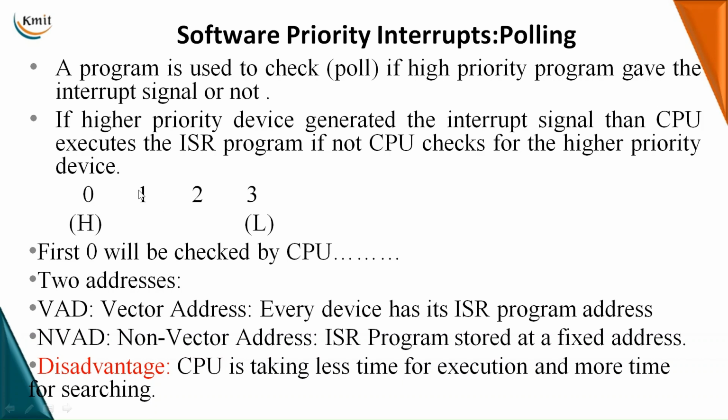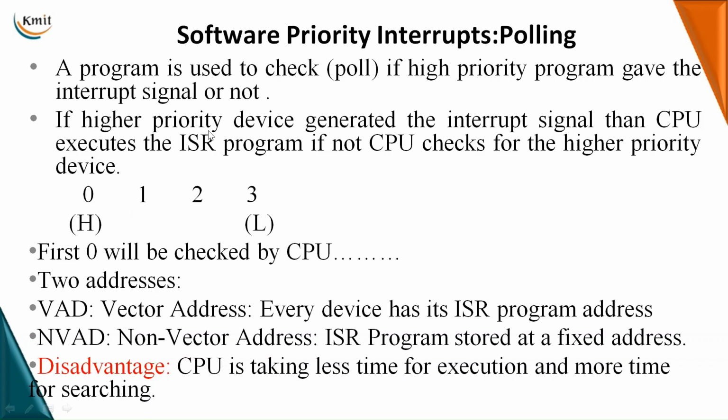In that case, since device 1 has a higher priority than device 2, the CPU will execute the interrupt service routine of device 1 and not 2. Since device 1 is the higher priority device among the two, its interrupt service routine will be executed first by the CPU.